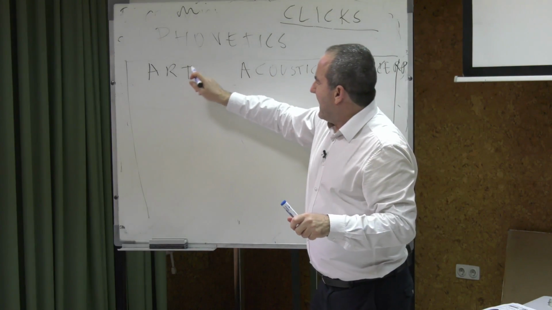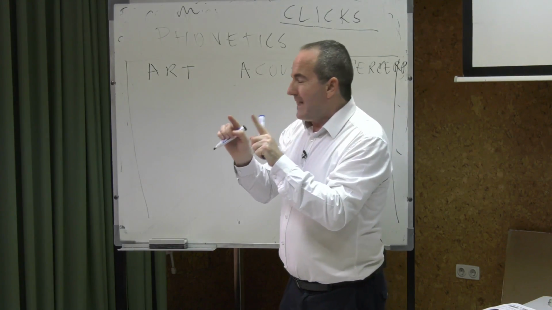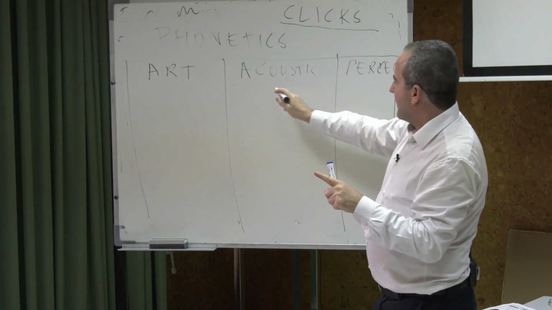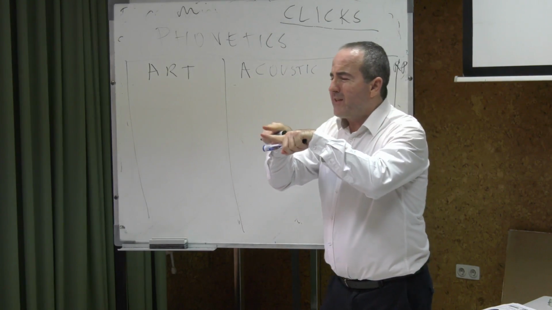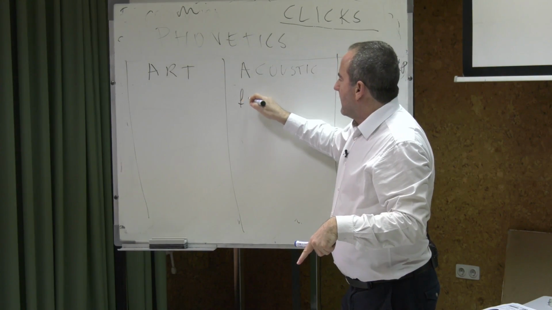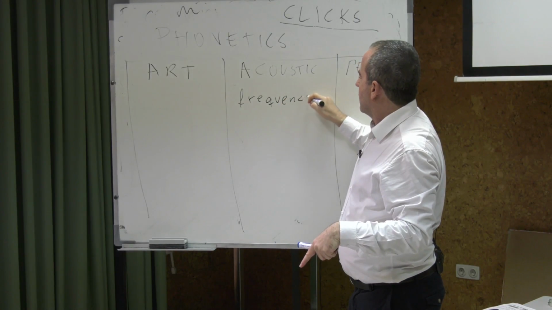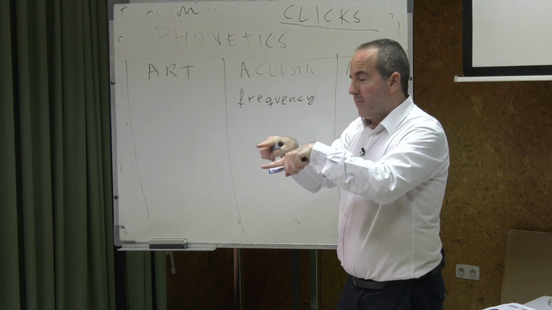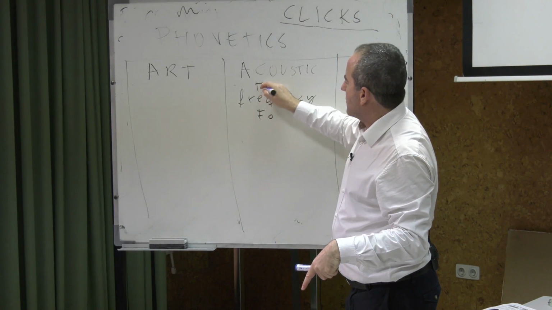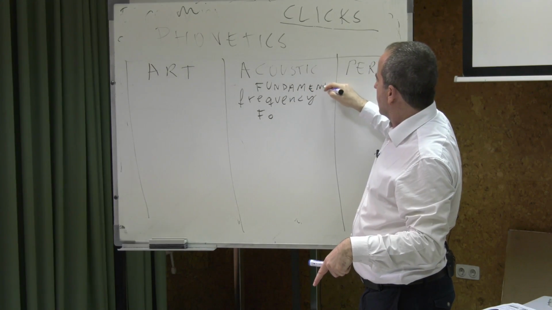So, if we compare articulatory phonetics to acoustics so that you can understand, the most important element of this vibration is what we call the frequency of the vibration, okay? It's also usually called F0 because it's also called fundamental frequency.